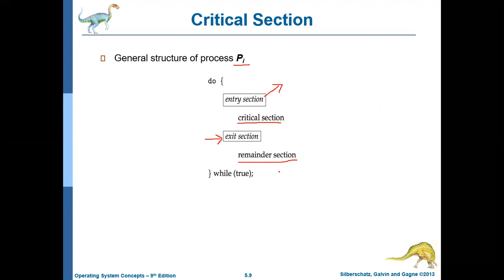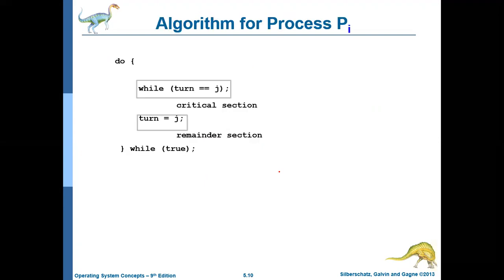Fine. So now let us discuss the solution to the problem of critical section. This is a generic solution. So what is the critical section? Critical section is that part of the code in which a process is going to access the shared variable, and when the process is accessing the shared variable, no other process should execute its critical section.